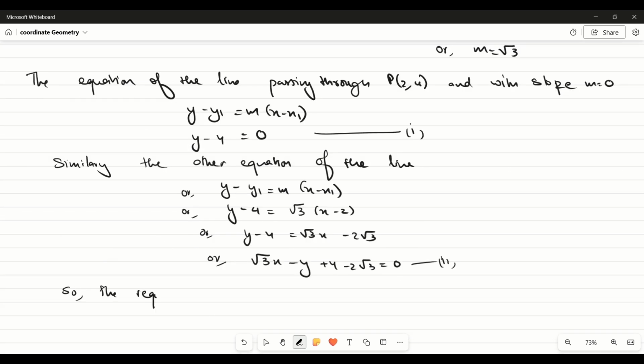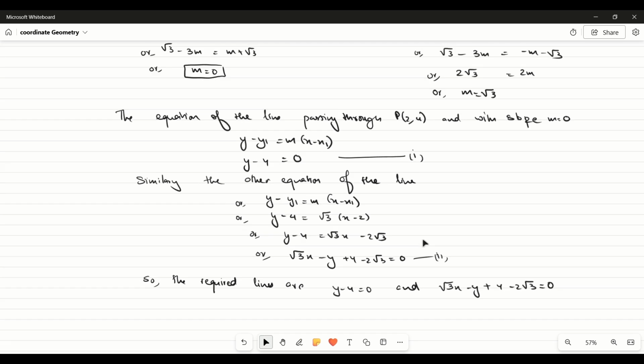That's equation 2. So the required lines are y minus 4 equals 0 and root 3 x minus y plus 4 minus 2 root 3 equals 0.